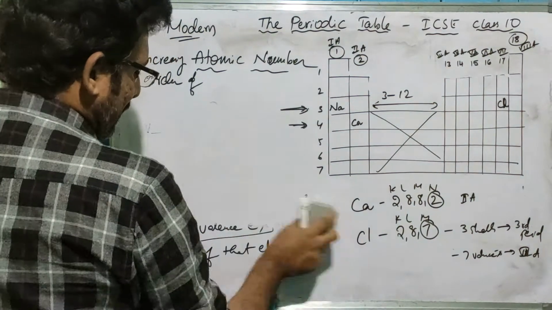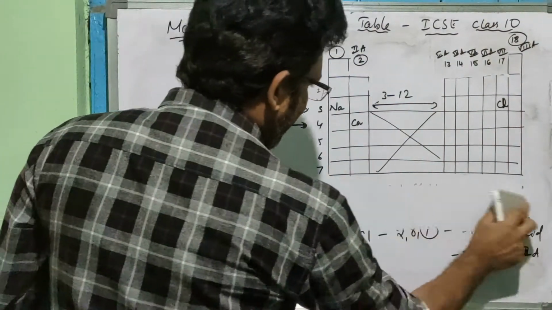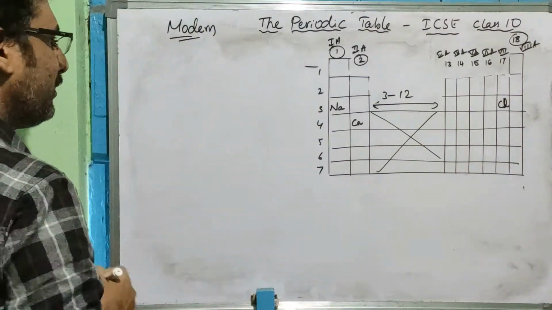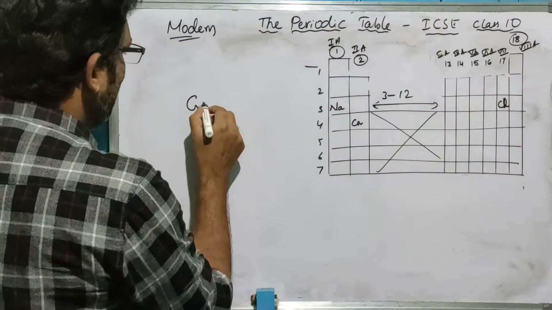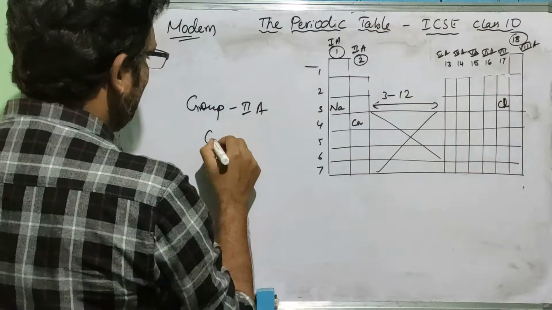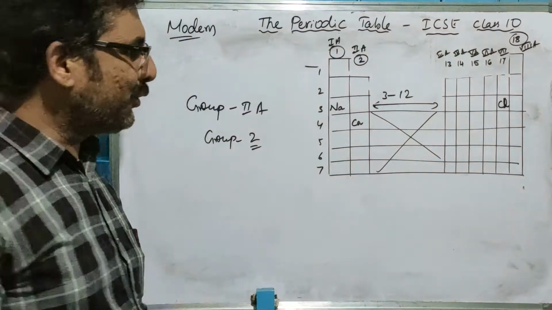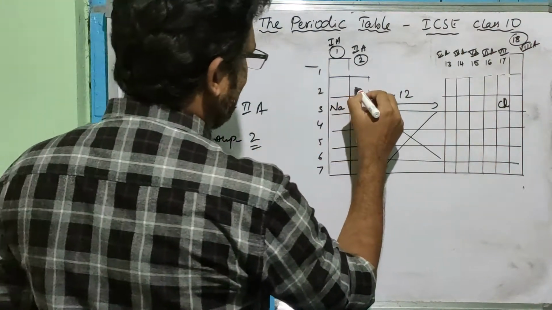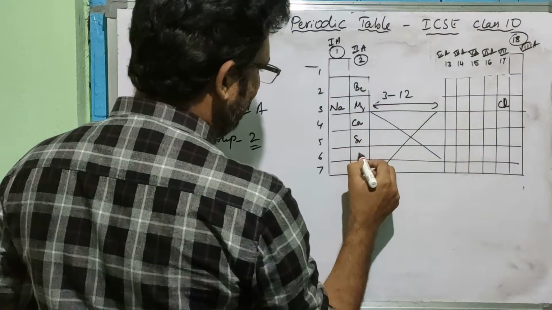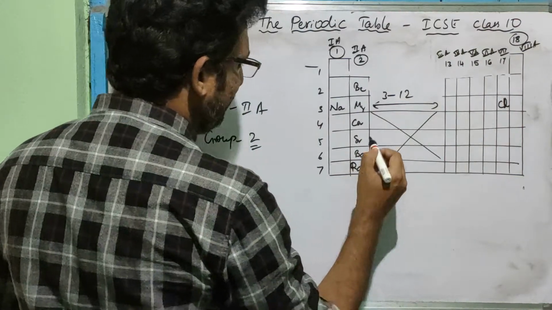And so in this periodic table, if you take a group, say for example, group 2A or group 2. In this group 2, you have these elements: beryllium, magnesium, calcium, strontium, barium and radium.